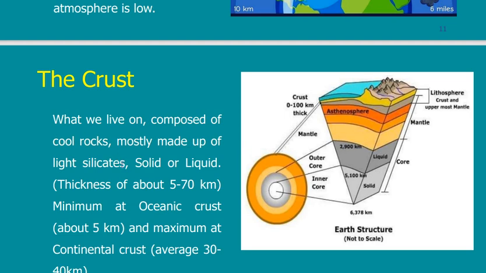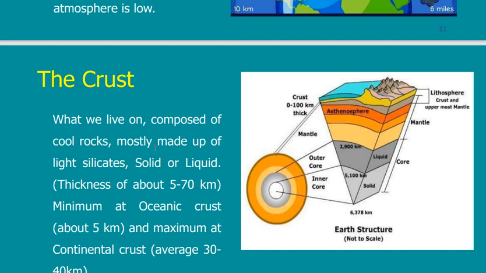The composition of each layer is also important. For any layer, there is some knowledge that we need to know: the temperature, the density, and the composition, what it is made of.